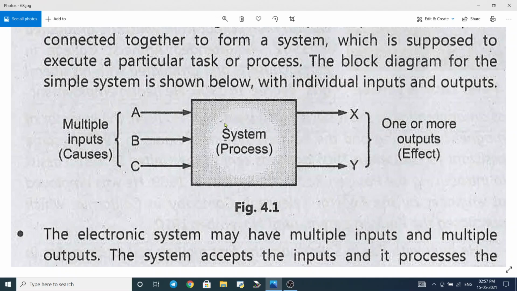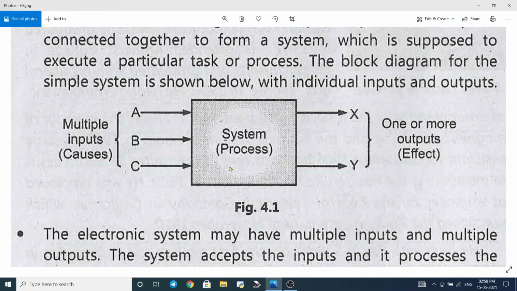The analog system in which there is process on the input signal. There may be a number of input signals coming from multiple input devices, and the central system is a processor where the process on the signal is carried out.